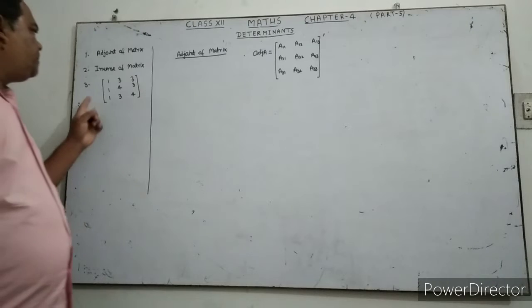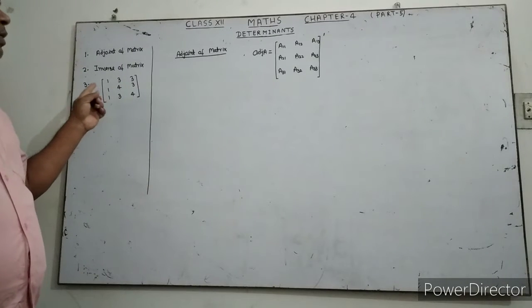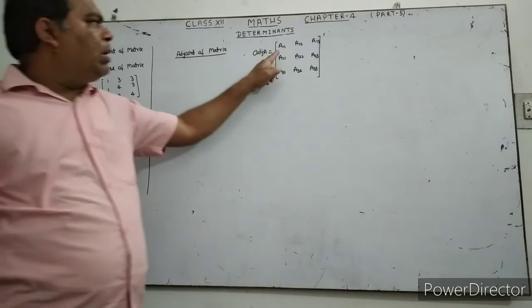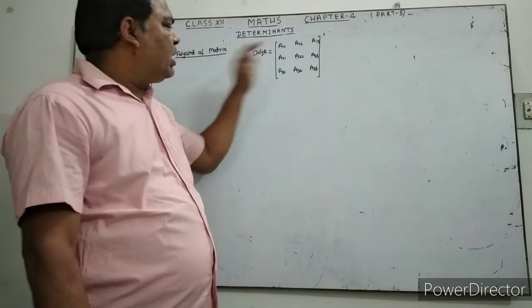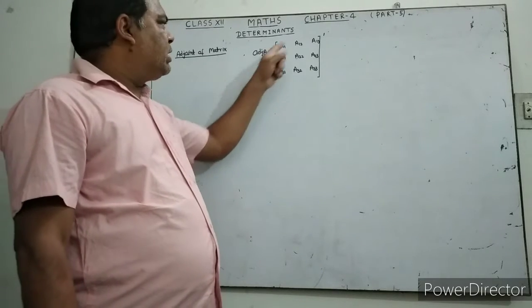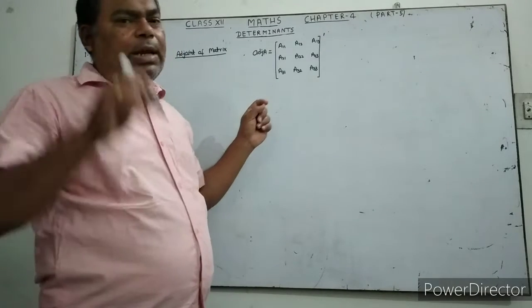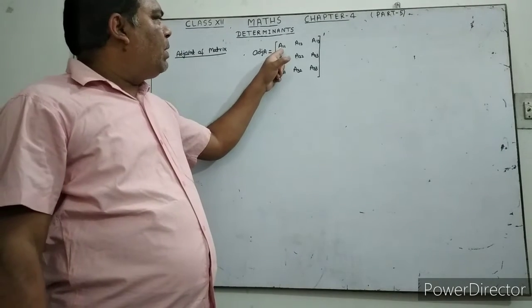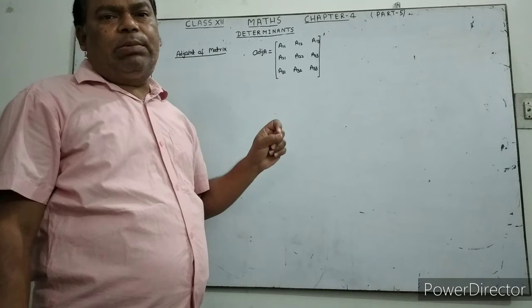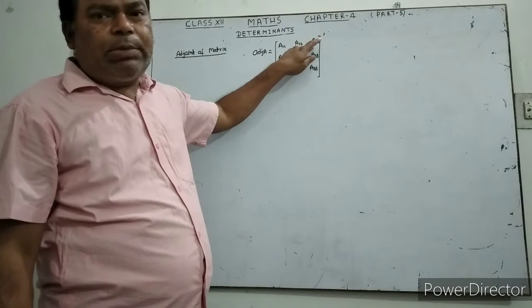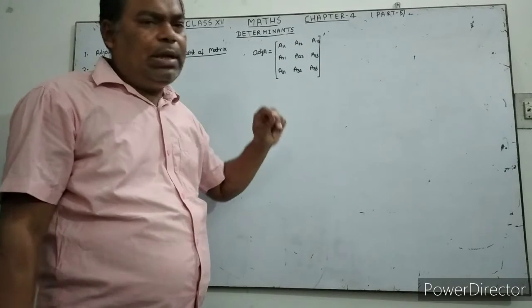Transpose of the cofactor matrix. First you find the cofactor of each element. A11 means the cofactor of the first element. If this is a 3 by 3 matrix, 3 rows, 3 columns, then A11 is the cofactor of the first element, then the cofactor of the second element, the third element, and so on.